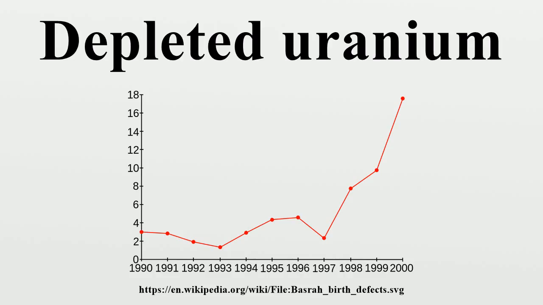The Nuclear Regulatory Commission defines depleted uranium as uranium with a percentage of the 235U isotope that is less than 0.711% by weight. The military specifications designate that the DU used by the U.S. Department of Defense contain less than 0.3% 235U.